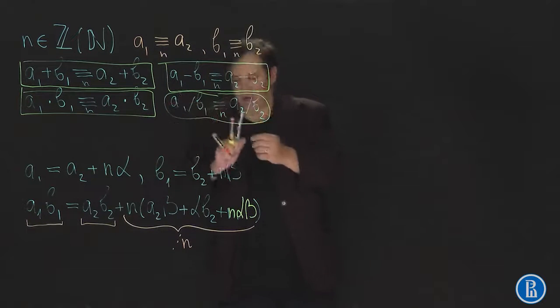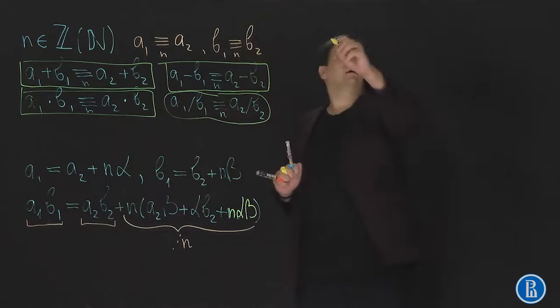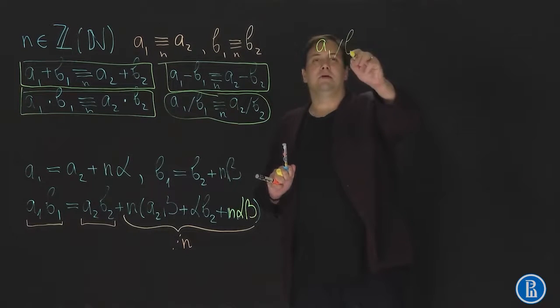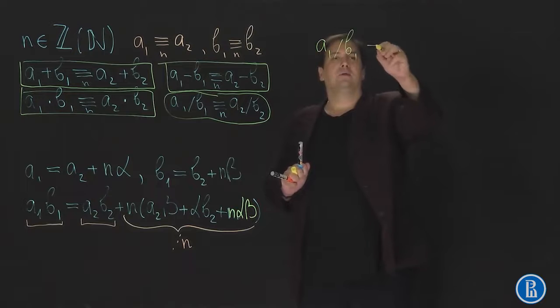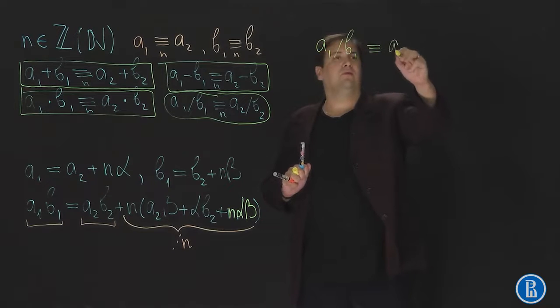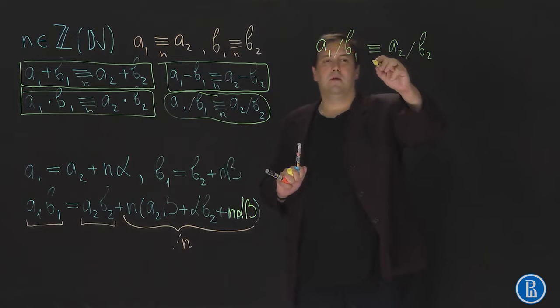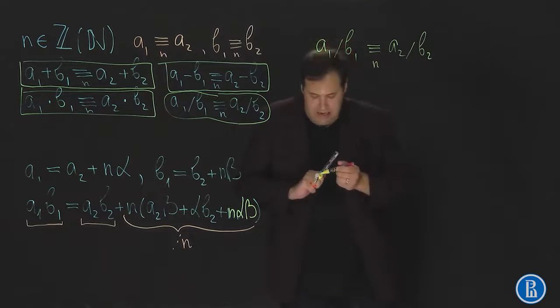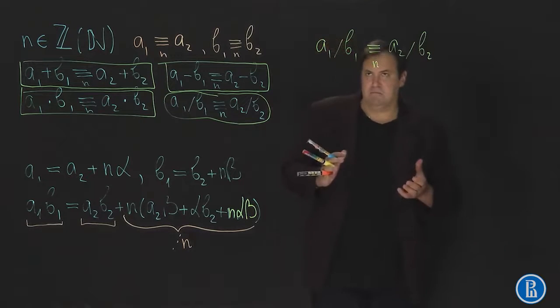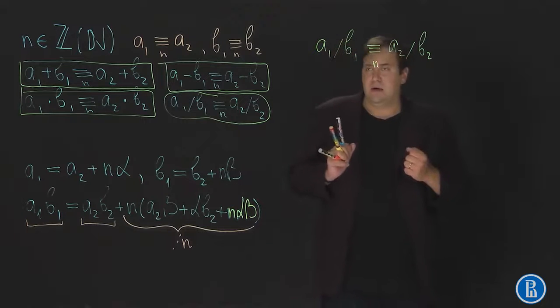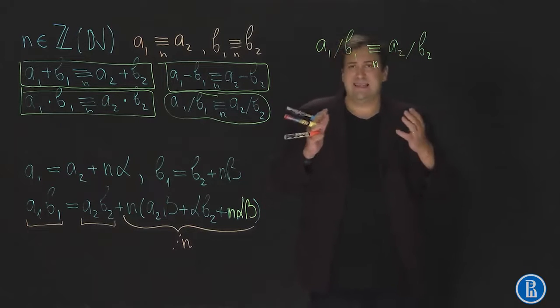What about this property here? Is a1 divided by b1 congruent to a2 divided by b2 modulo n? As I've already said, there will be cases when this holds. There will be cases when this doesn't hold.